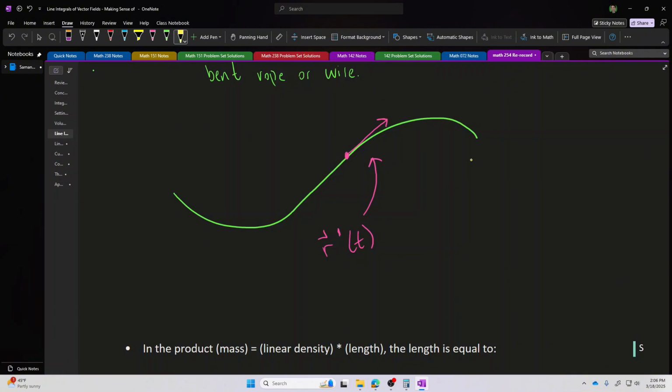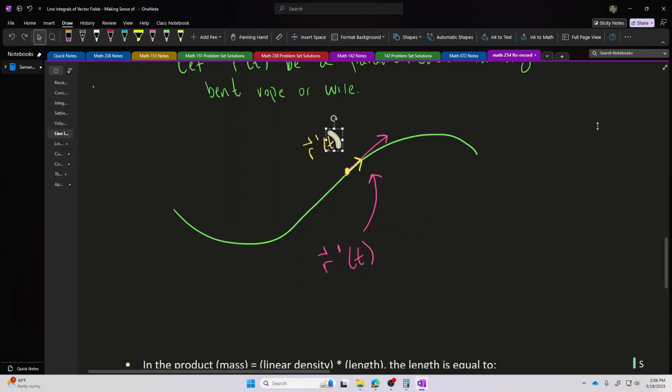So what I'm going to do in order to shrink this tangent vector and make it smaller is scale it and multiply it by a small change in t. And this small delta t applied to the tangent vector will shrink the tangent vector so that it hugs pretty closely to the curve.